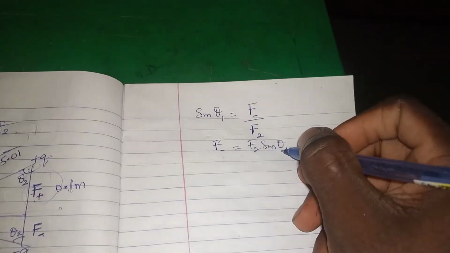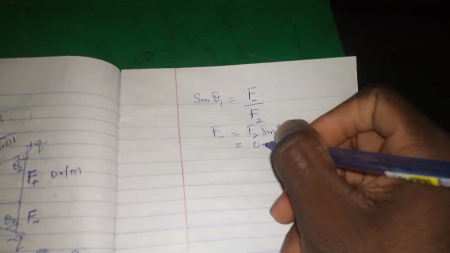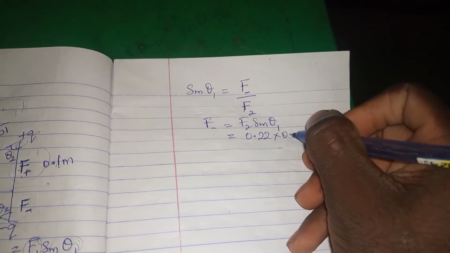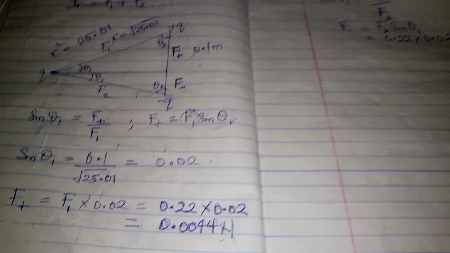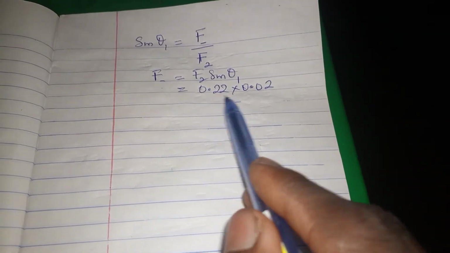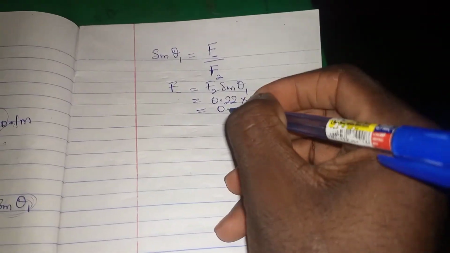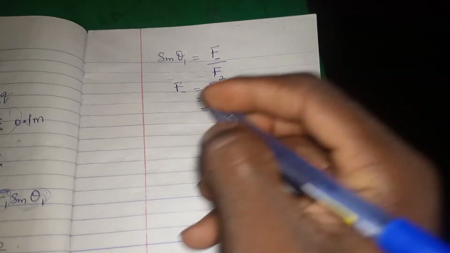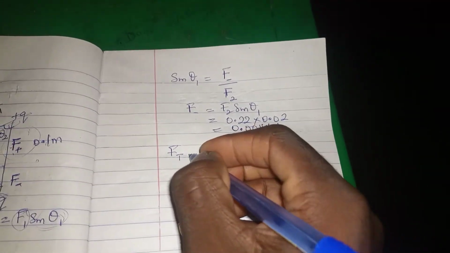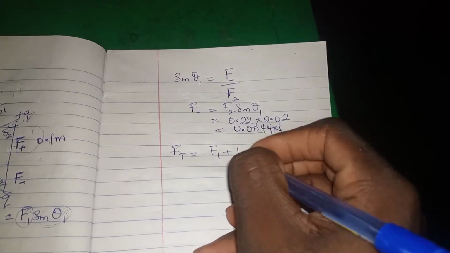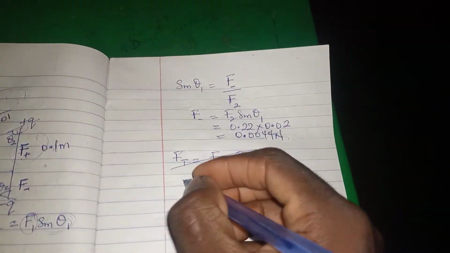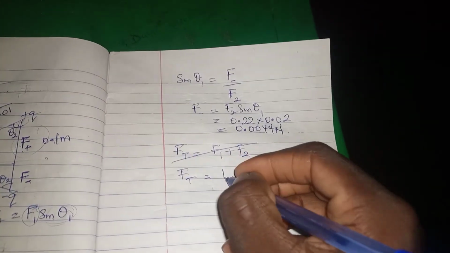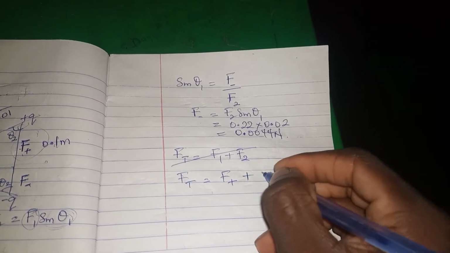We have already found sine theta 1. We know F2 already, 0.22. Sine theta 1 is 0.02. We found sine theta 1 here. Then we already have F2. So when you multiply, you have 0.0044 Newton.